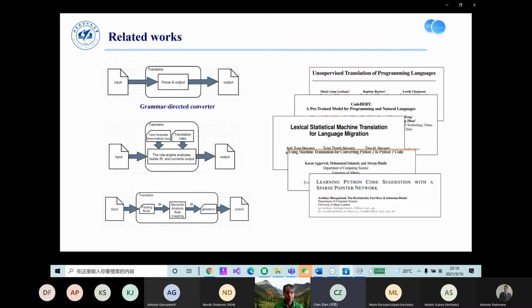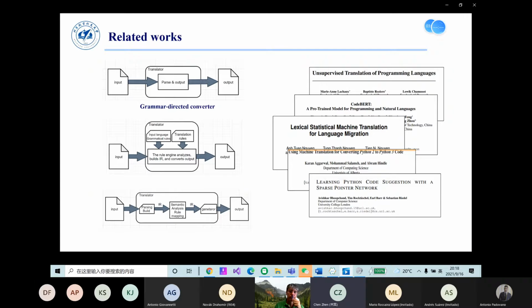Regarding code-to-code conversion, predecessors have done a lot of work based on traditional grammatical rules. There are mainly three approaches on the left.